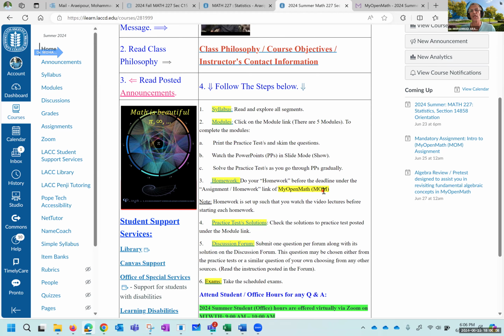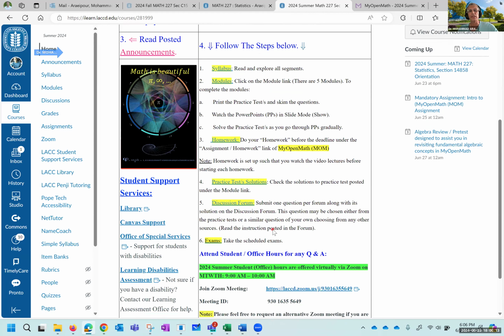I'm going to refer to it as MOM for short from here on. We have the discussion forum. Again, you can click on it here, or on the left navigation bar, you see the discussion.